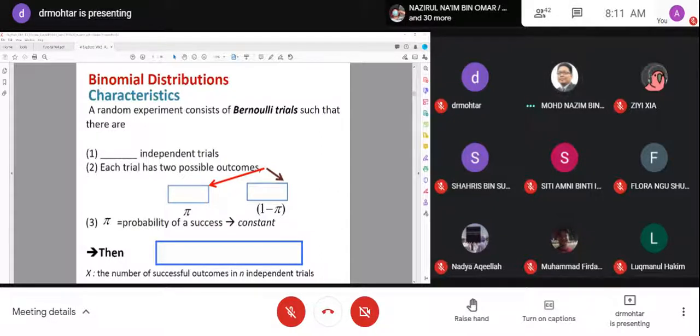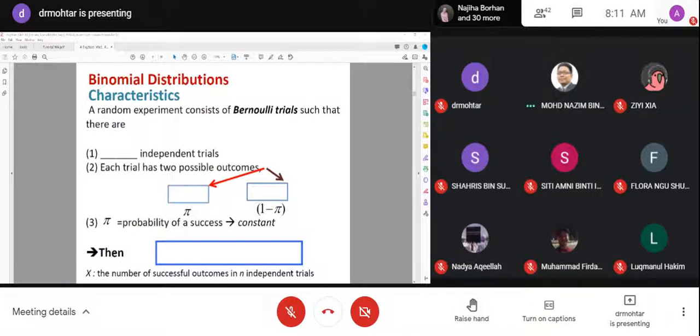So the Bernoulli distribution is the distribution of the number of successes on a single Bernoulli trial. With a Bernoulli trial we can get either success or failure.